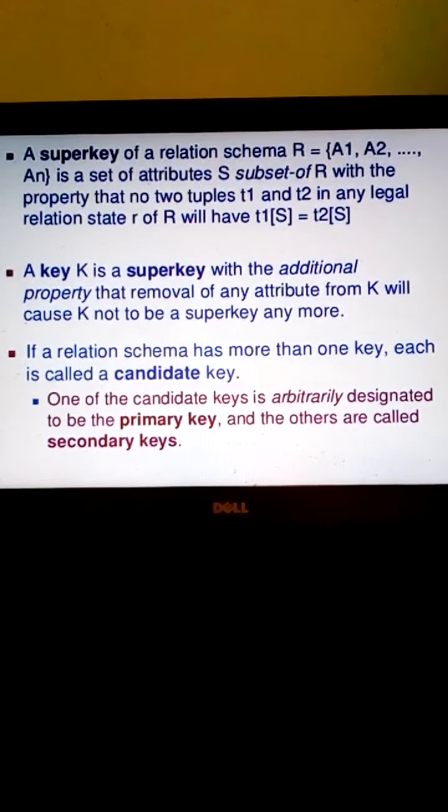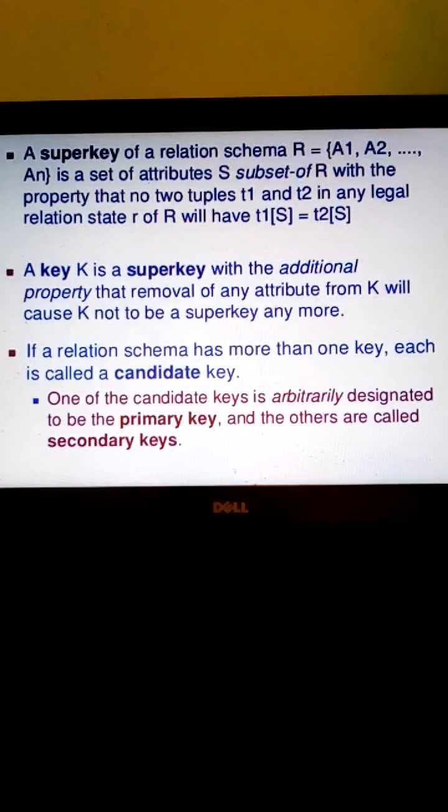Before discussing any normal form, we first want to focus on the role of keys. Before that, we should identify the types of keys so that we can understand the process of normalization.